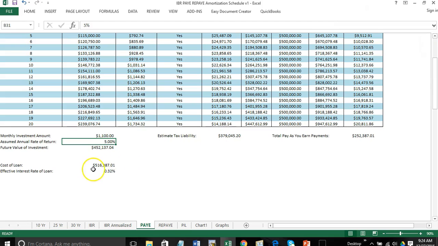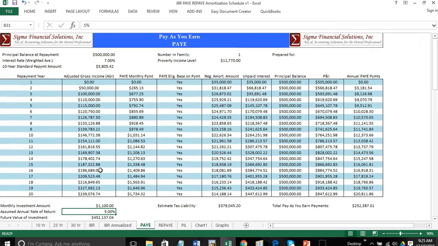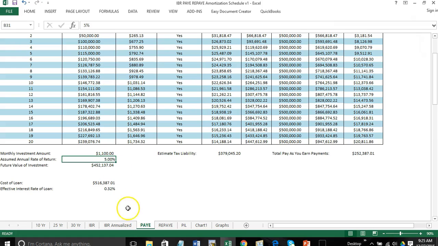And in this case, because you're saving more, your total cost increases to $516,000. Again, you effectively paid $16,000 of interest, given your original principal balance of $500,000. So the effective rate on this loan is 32 basis points, or 3/10 of a point. So relatively insignificant.